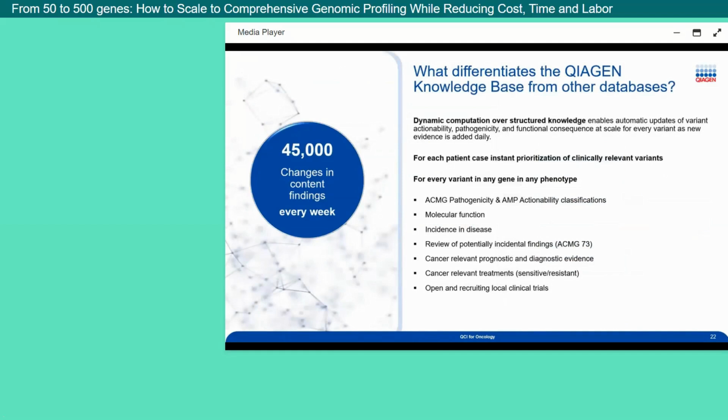Now, what differentiates the QIAGEN knowledge base from other databases? Because the content from the literature and databases is transformed into machine-readable units, QCI can perform dynamic computation and enables automatic updates of variant actionability, pathogenicity, and functional consequences at scale for every variant as new evidence is added daily.